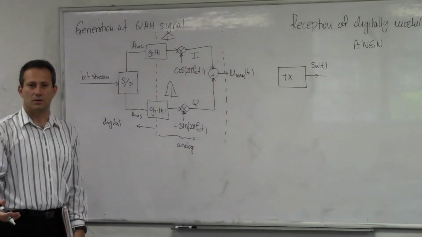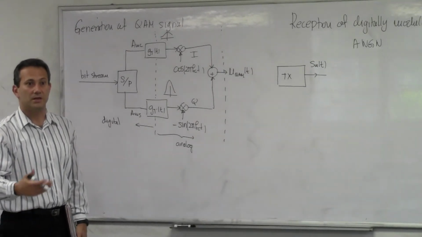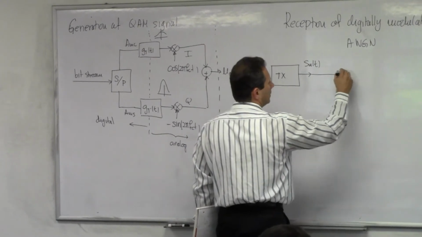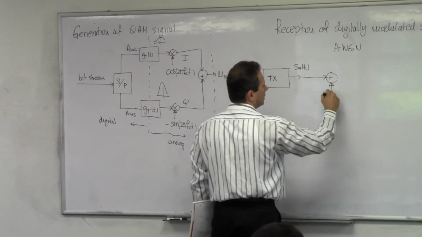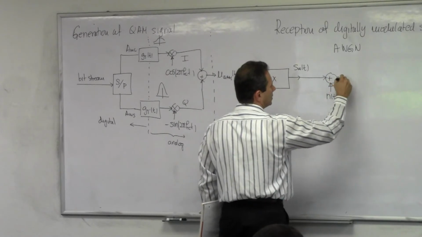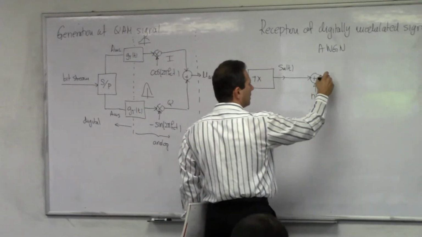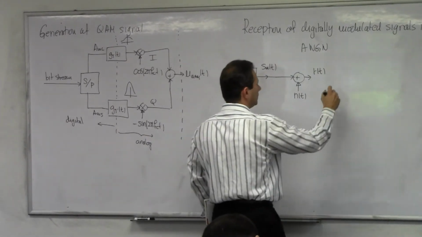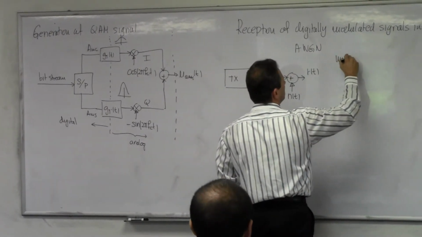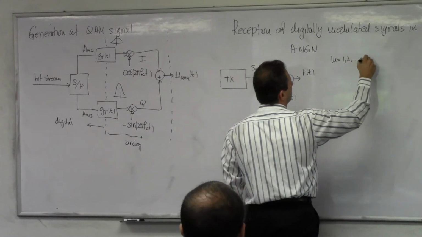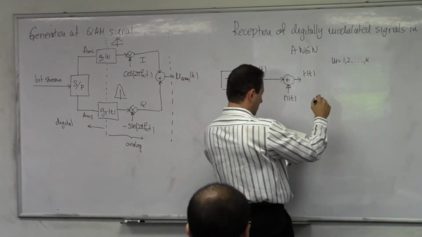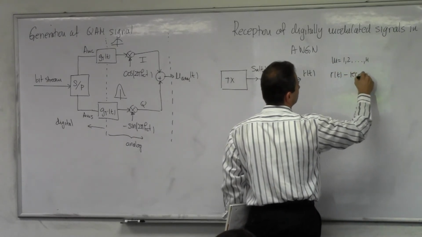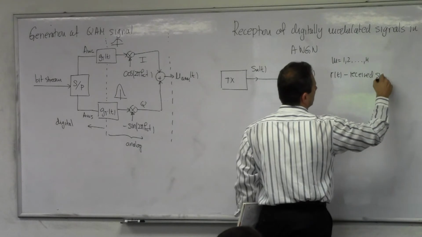It's either your pulse amplitude modulation or PSK or QAM. The signal travels through AWGN, and it is corrupted with noise here. And I'm going to call this signal r(t), my received signal. So in here, m is going to be equal to 1, 2, all the way to M. And this r(t) is the received signal.